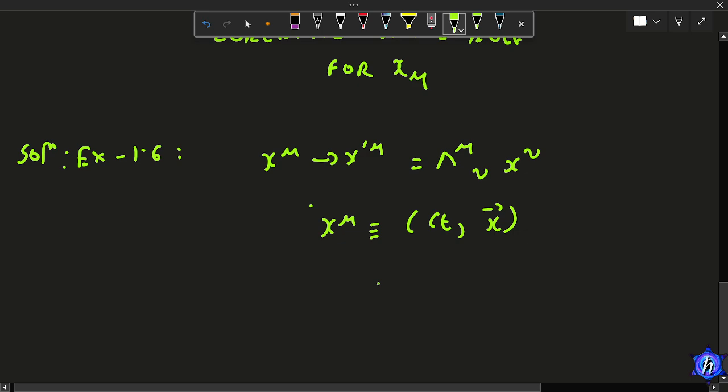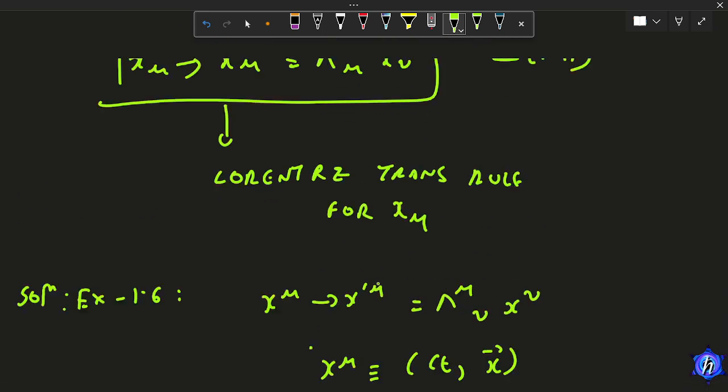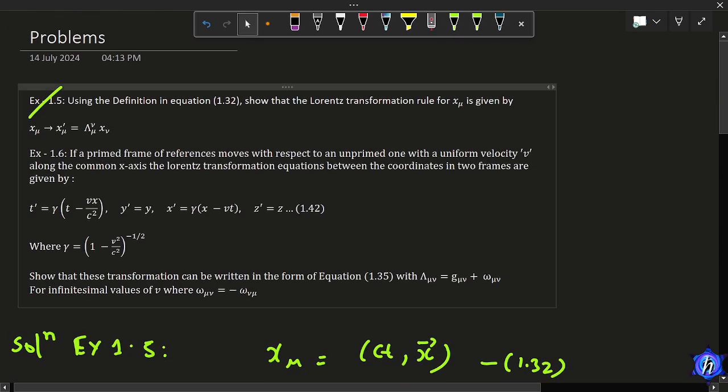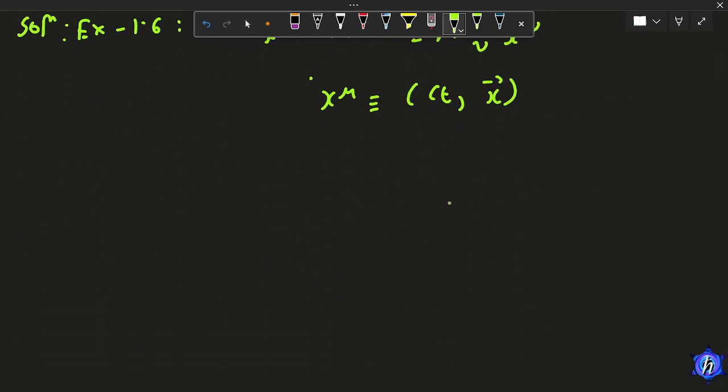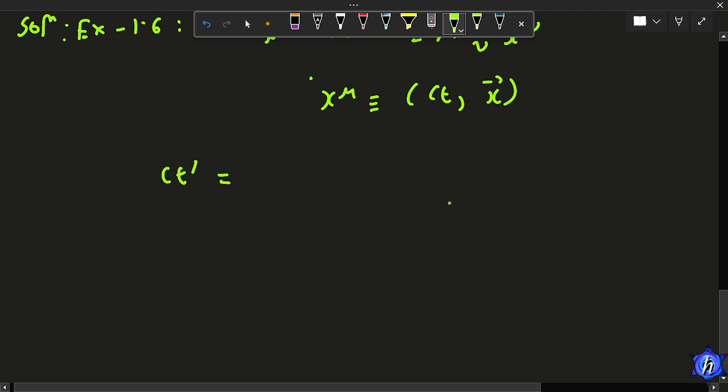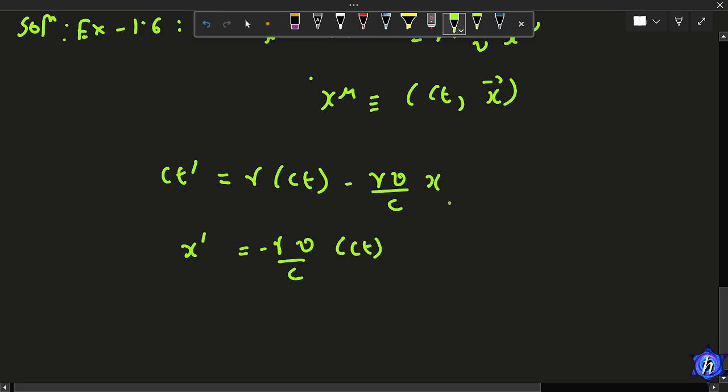From equation 1.42, which is this given condition, we can write ct dash is gamma times ct minus gamma v by c x, and x dash will be minus gamma v by c ct plus gamma x.